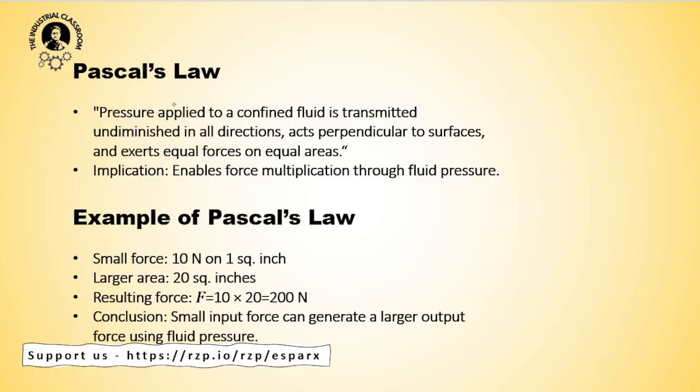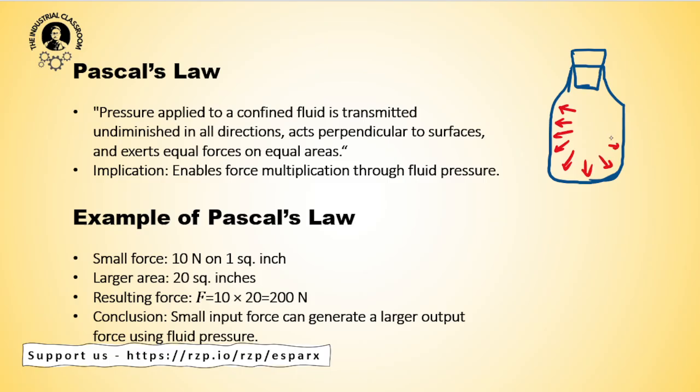Okay, now let us move on to Pascal's law. We had learned it already in the previous class, but here I want to give a small example. For example, see, this is a bottle. Here we have a cork. Now, atmospheric pressure, we know the fluid pressure acts equally in all directions.